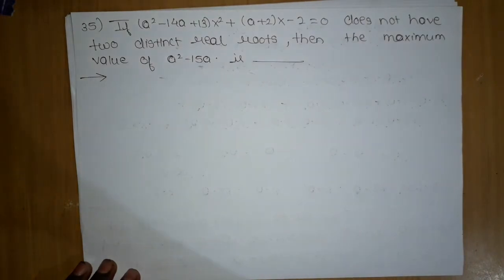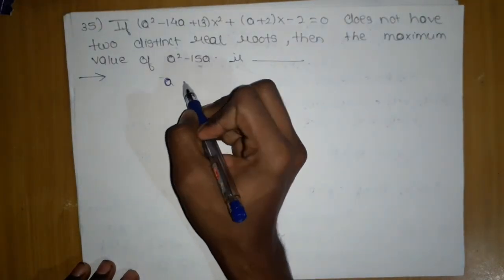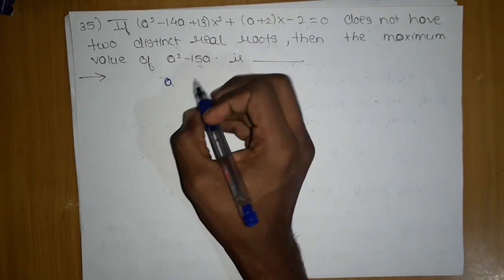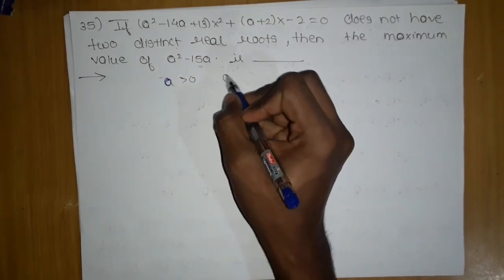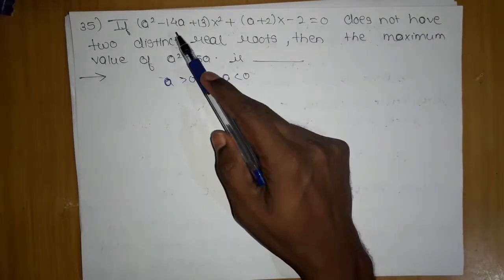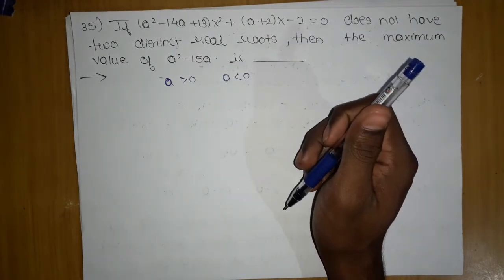When teachers teach this topic, location of roots, they always tell you to differentiate between the location of roots or graphs using a greater than 0 and a less than 0. You differentiate on the basis of a, but here you cannot even predict the sign of a. So that increases the trouble.